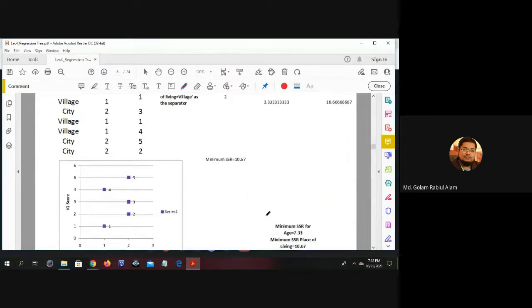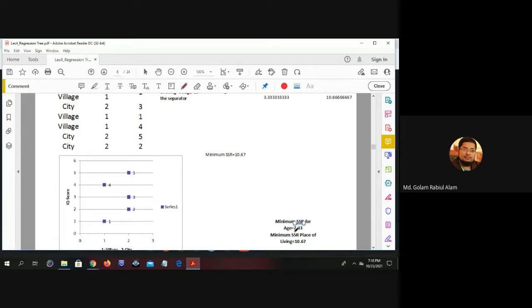Okay, so in this case, we can see that the minimum sum square residuals for A's is 7.33, and the minimum sum square residuals for place of living is 10.67. Now, we already considered all the possible combinations of splitters of A's and place of living. From the A's, the optimal one is 7.33, and for place of living, the optimum one is 10.67.